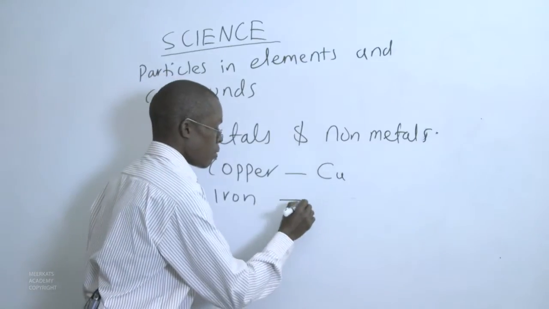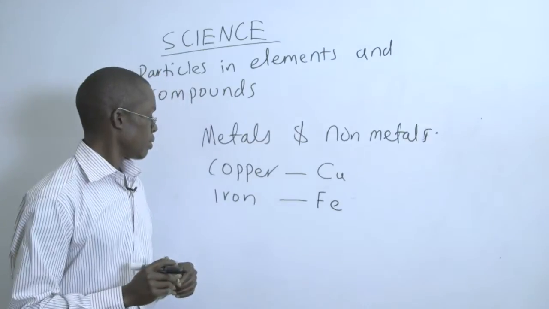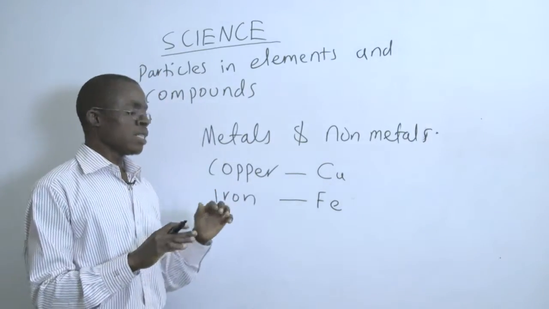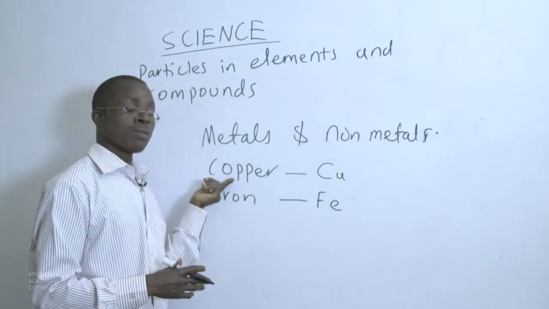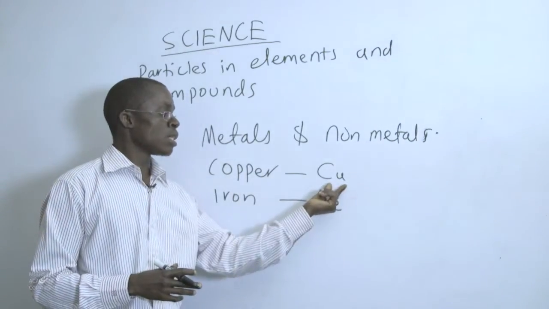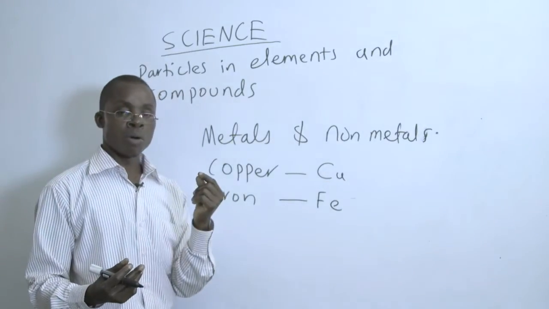For iron it is Fe. Now, of the two, you can see this one is at least a bit closer to the name, though the name starts with the C-O, copper. But that does not give us a direct expression that should be the symbol.